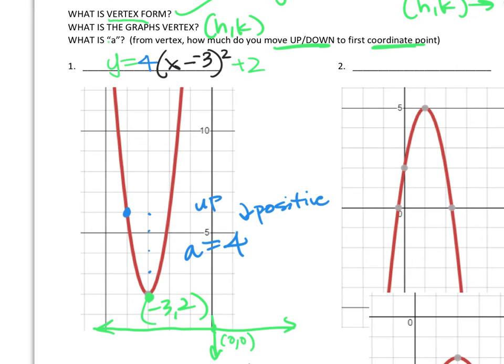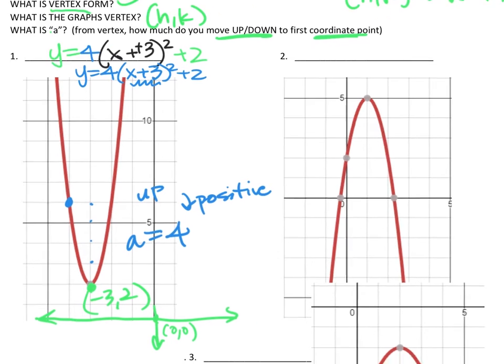So our final, simplified answer is 4(x + 3)² + 2. If you recognize that the h is the opposite of that x value, then you can just go ahead and write the x plus 3.